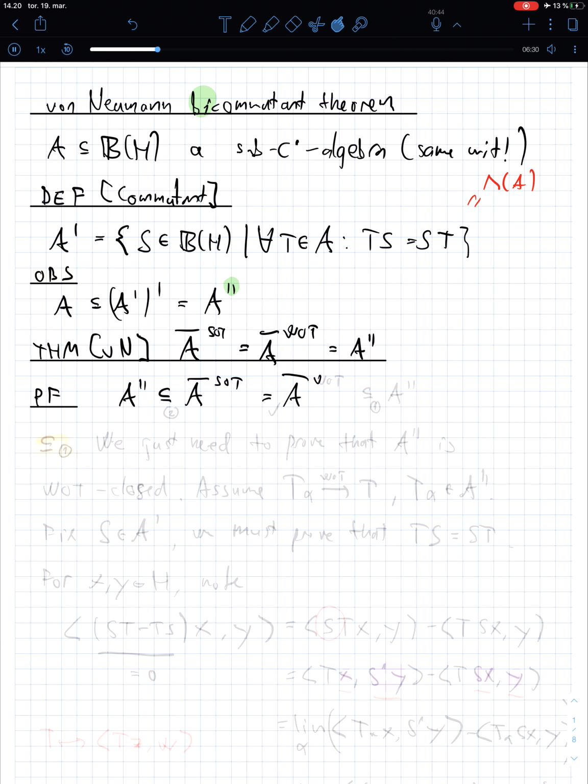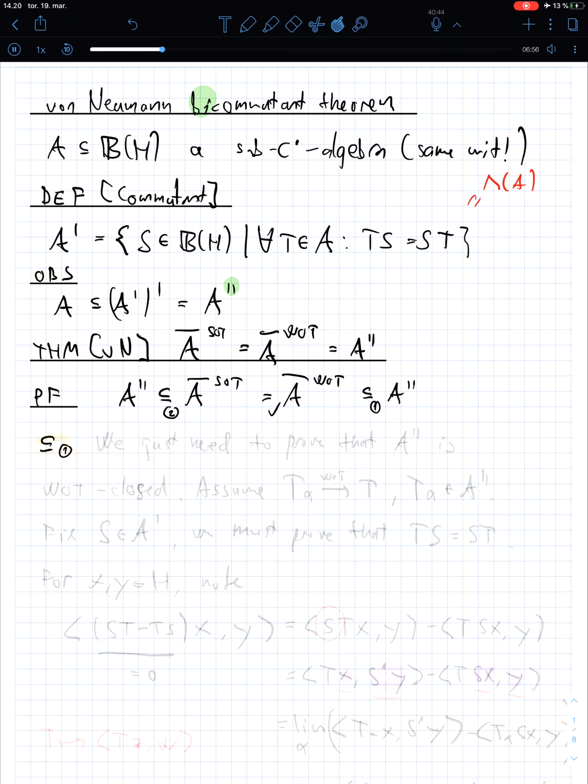That's the same, as we know, as the weak operator topology closure, and this is contained then in A double prime. So this is the goal, and this one we've already seen. Actually, I think I'm using the easy direction of this, but let's not dwell on that. And then I have these two inclusions that I need to establish, and the one to the right is the easiest one, so I'll do that first.